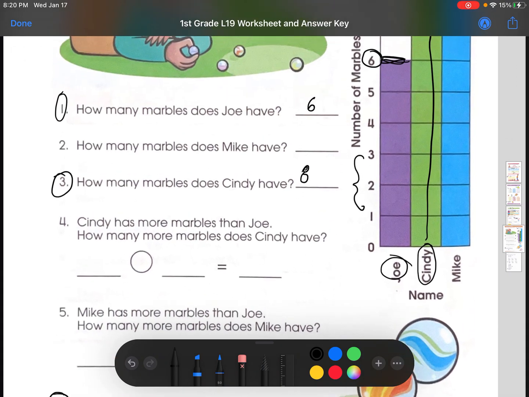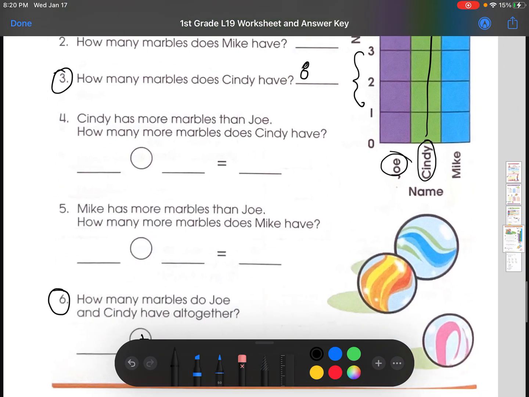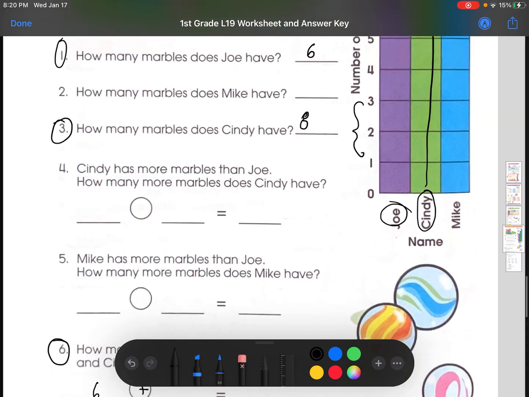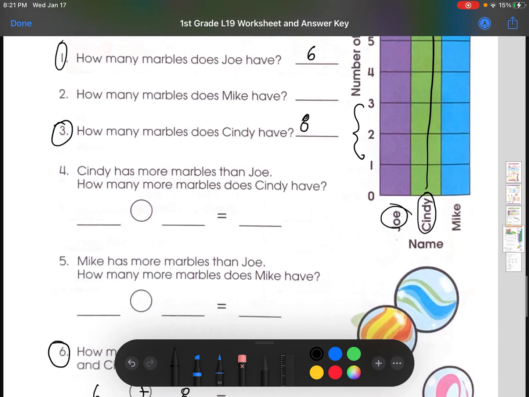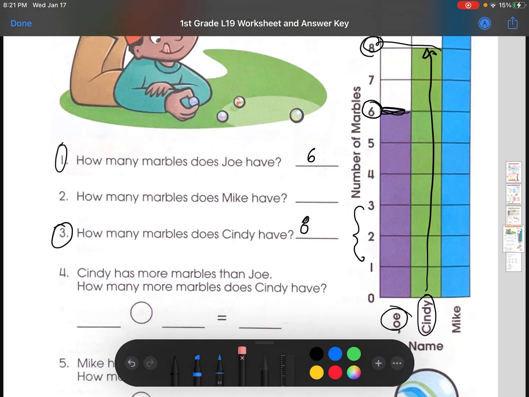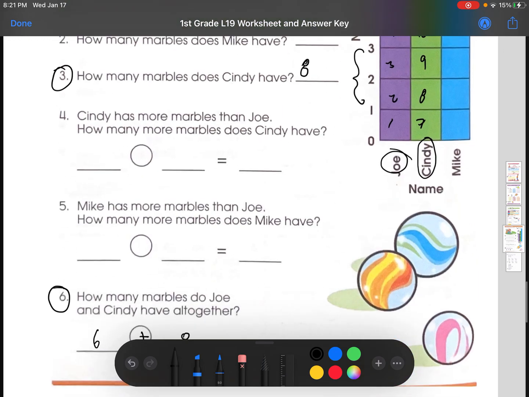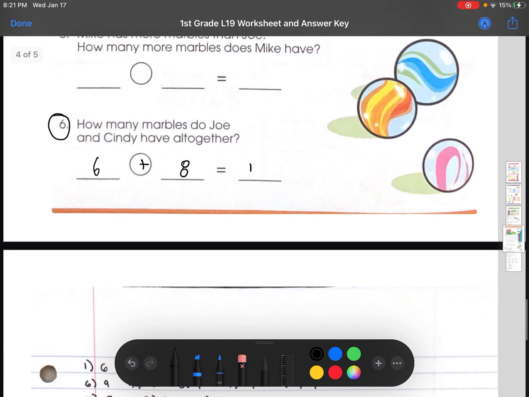We learned that Joe has 6 marbles, so 6, and Cindy has 8 marbles, so 6 plus 8. You can do the math, or you can come up to this chart here and just count. 1, 2, 3, 4, 5, 6, 7, 8, 9, 10, 11, 12, 13, 14. Boom. So the answer would be 14.